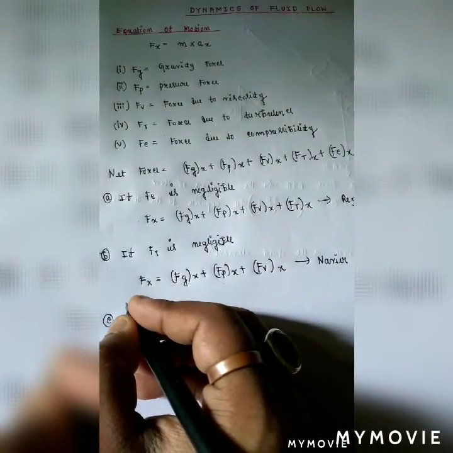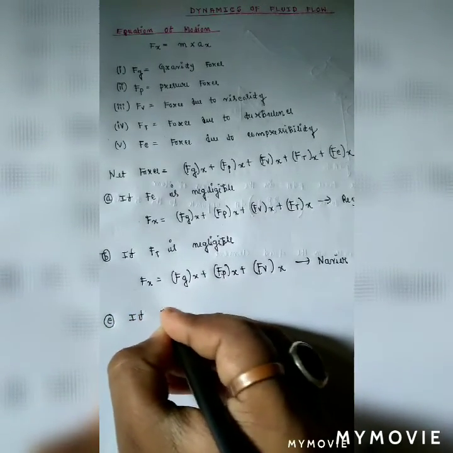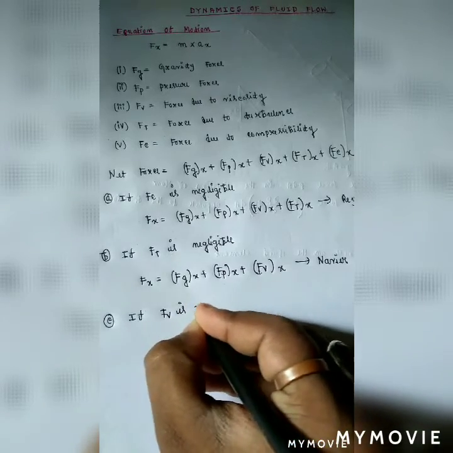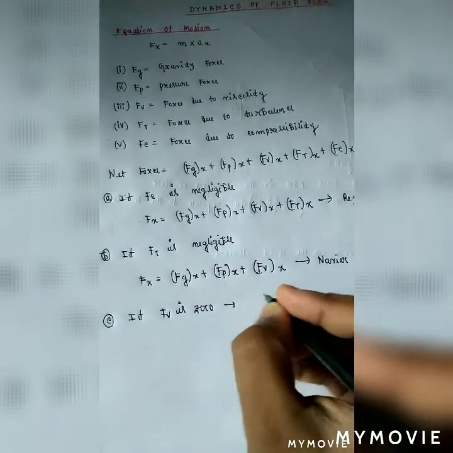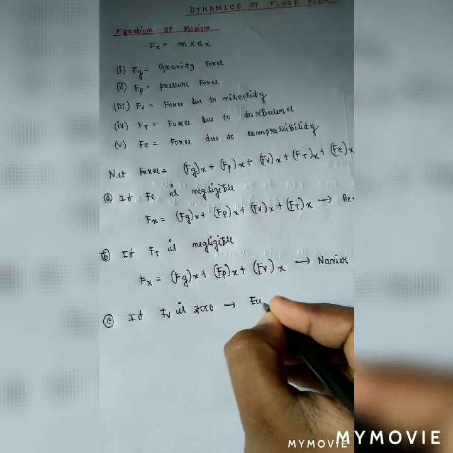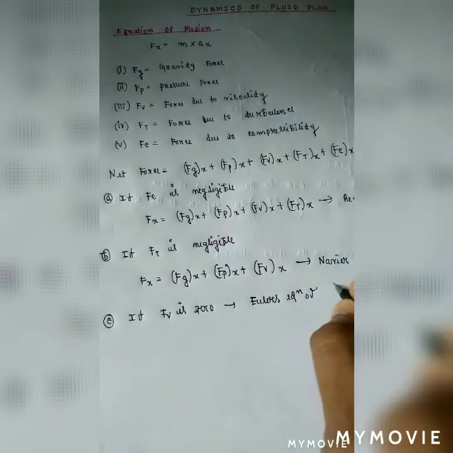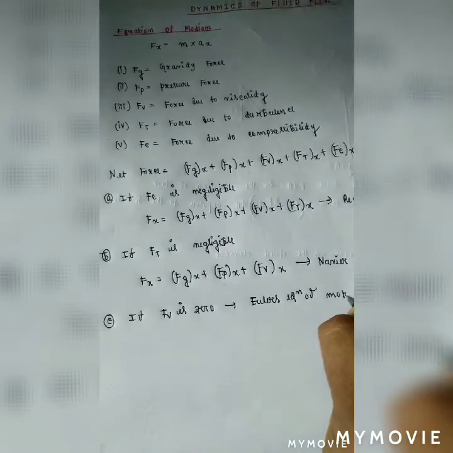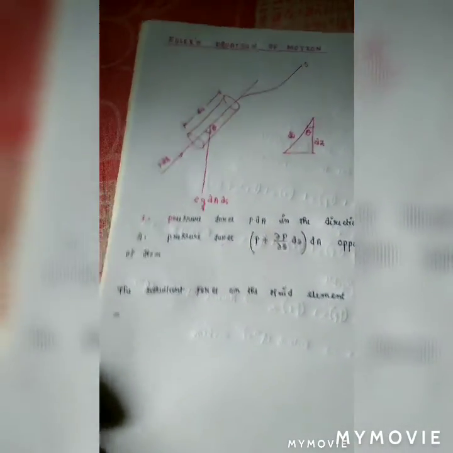Number C: viscous force is 0. This equation is called Euler's equation of motion. I think you will understand this relation.